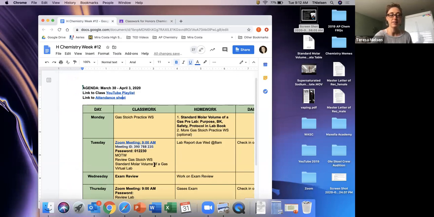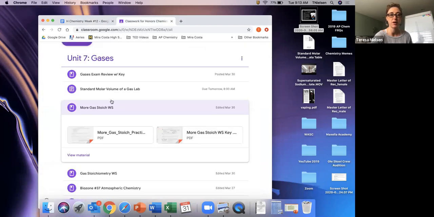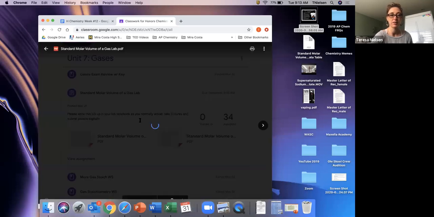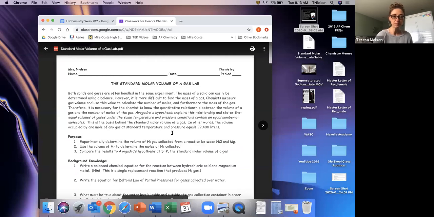All right, and let's go on to the standard molar volume of a gas virtual lab. So I uploaded this and asked you to do the background knowledge, purpose, and safety protocol last night. I also uploaded the rubric to make it nice and easy for you to write up this lab. I'm trying to make it as simple on you as possible.